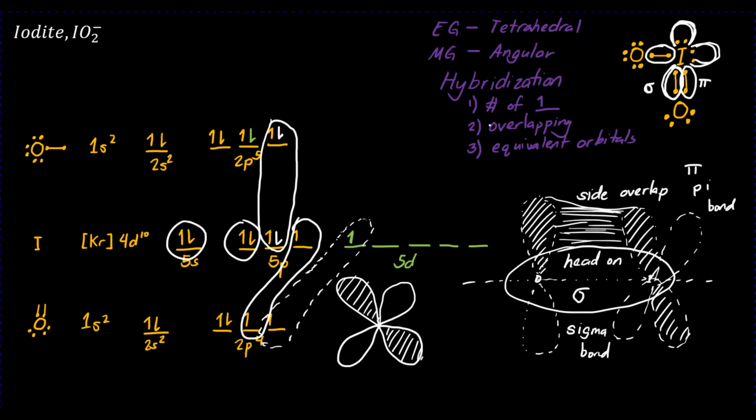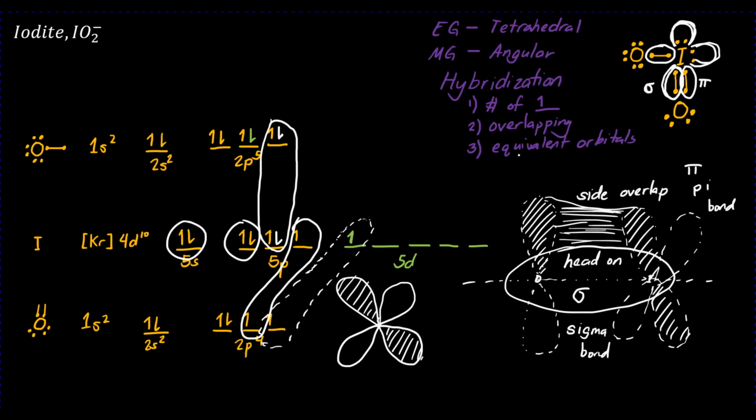Okay, so that is number 2. Number 2 tells us that when covalent bonds occur, there is an overlapping of orbitals. So that's the concept here. For number 3, formation of equivalent orbitals. For our central atom, iodine, in order for iodine to assume a tetrahedral arrangement, it will need to prepare equivalent orbitals.